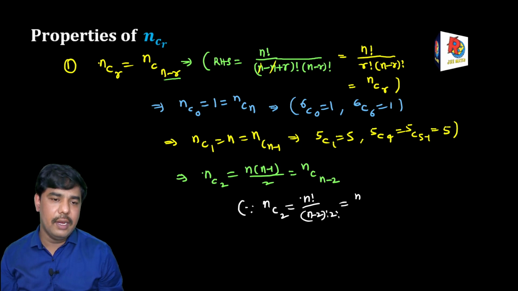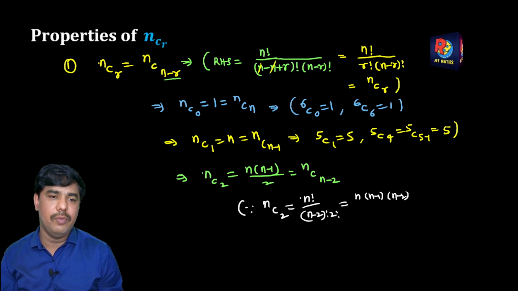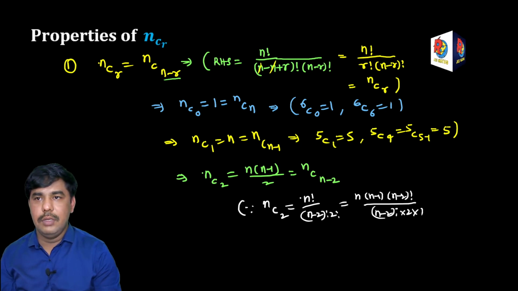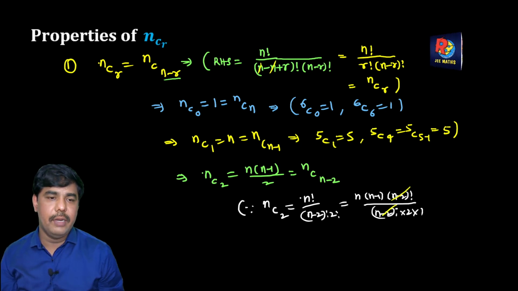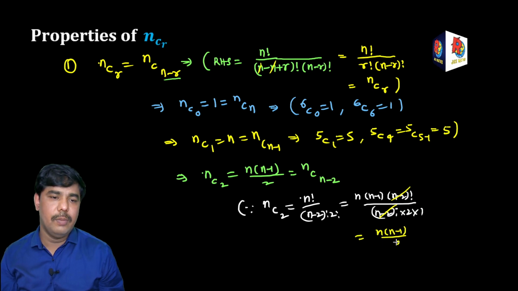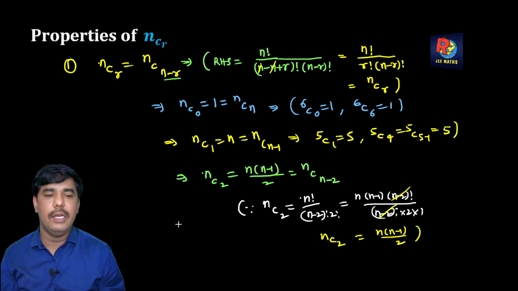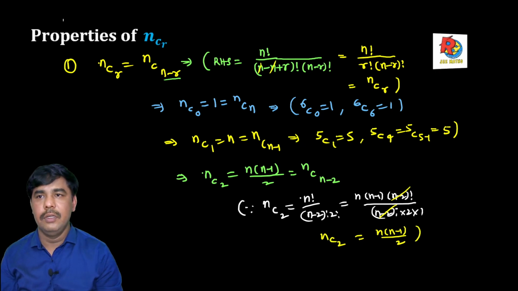N factorial I can write as n into n minus 1 into n minus 2 factorial, by n minus 2 factorial into 2 into 1. Here n minus 2 factorial gets cancelled. After that I can write n into n minus 1 by 2. Simply, NC2 value equals n into n minus 1 by 2.